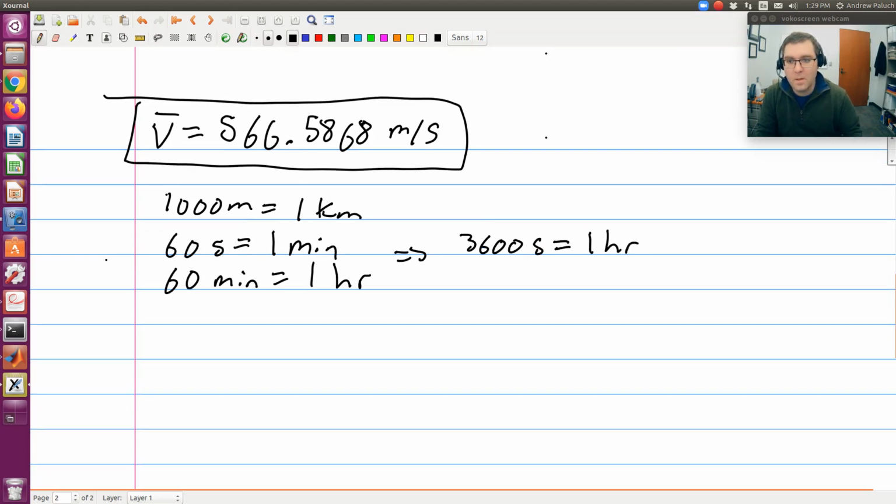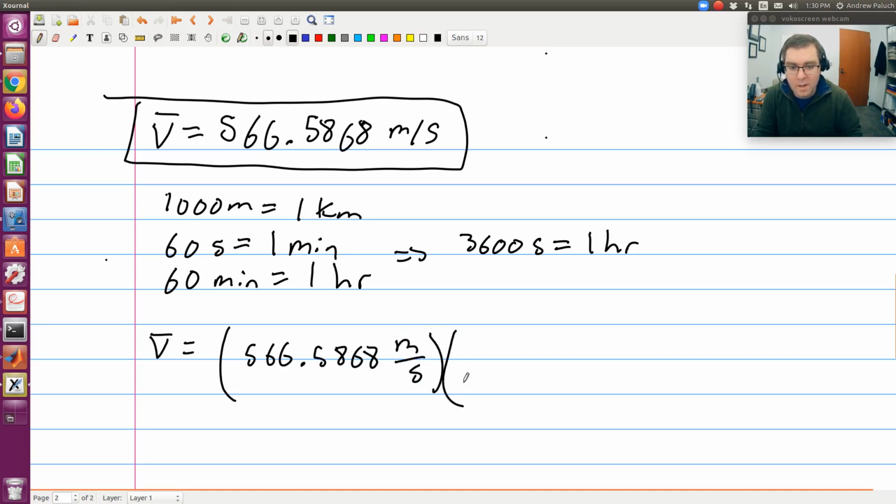Okay, so if I want V bar in units of kilometers per hour, I could fully write this out. It's not a big difference. But if I have my velocity here in meters per second, let me start by converting meters to kilometers. So there's 1,000 meters per kilometer.